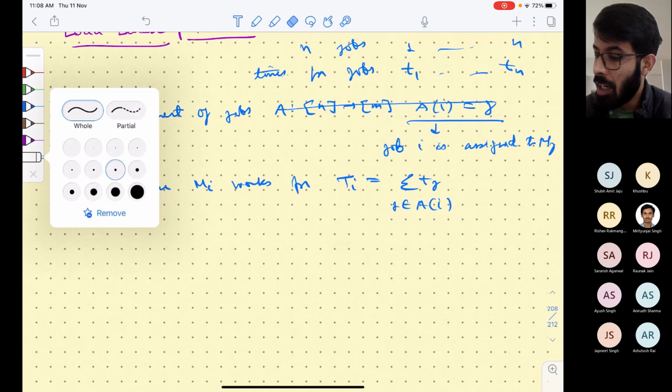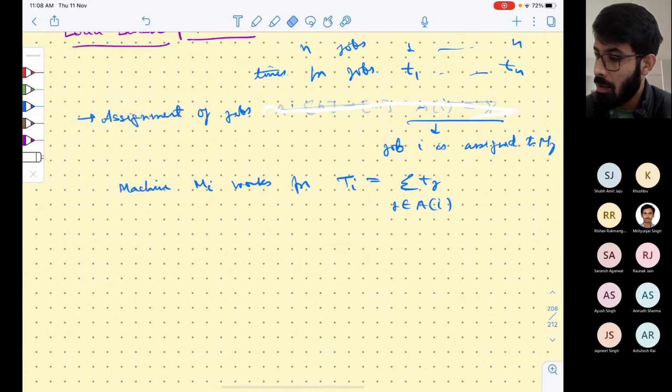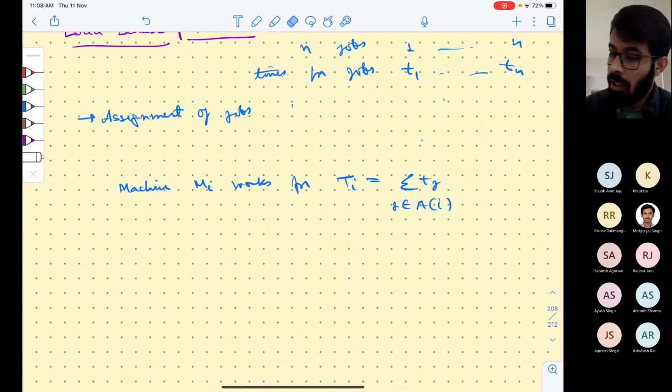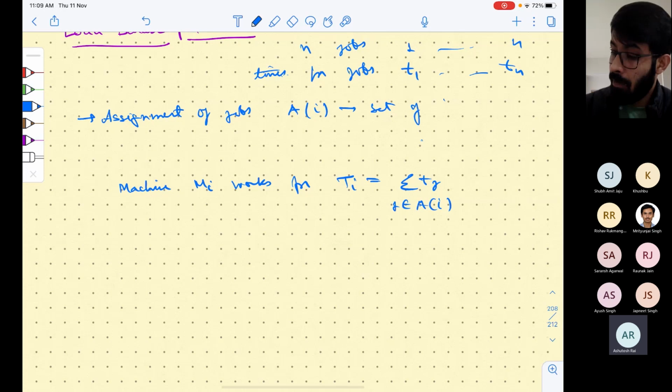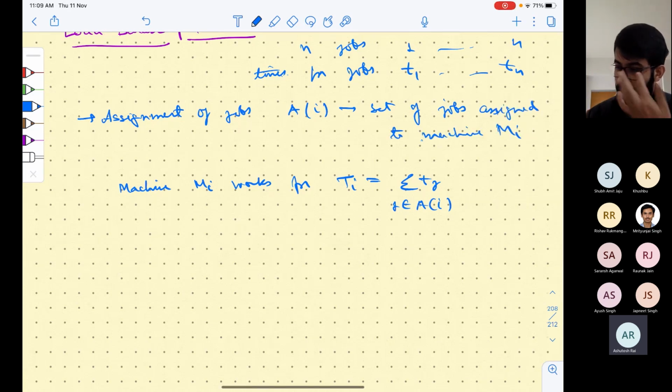You can take the inverse of this function the way I had written, but here A(i) is the set of jobs assigned to machine Mi, right? And how much time does a machine run for? A machine runs for Ti time, where Ti is the summation of the running times of all the jobs which are assigned to that machine. Okay, good. This is called the load of a machine.